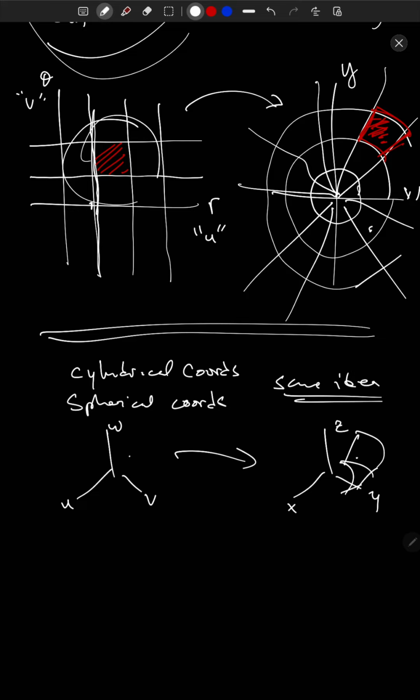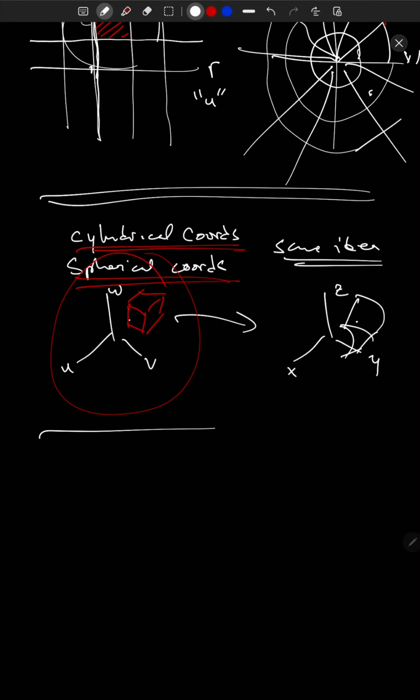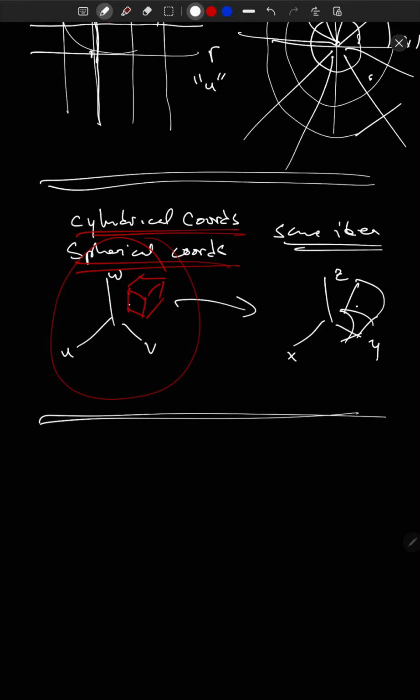So you create a new coordinate system, or a mapping, so that that curvy region on this side looks like a nice rectangular box, for example. And that's, again, literally what you do when you work with spherical and cylindrical coordinates frequently. But we'll get to that after we talk about one variable calculus.